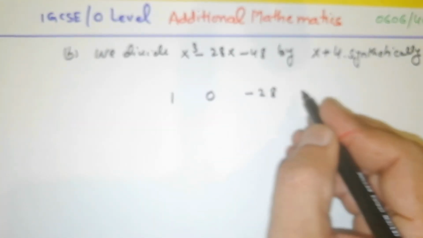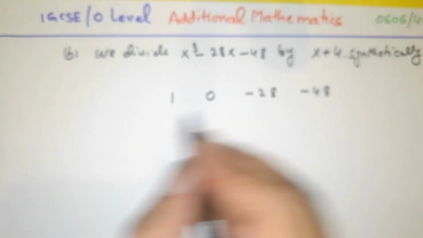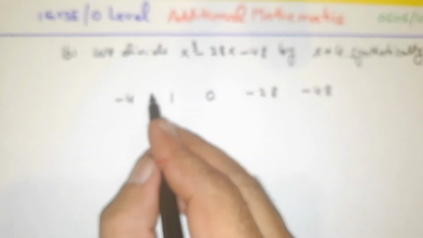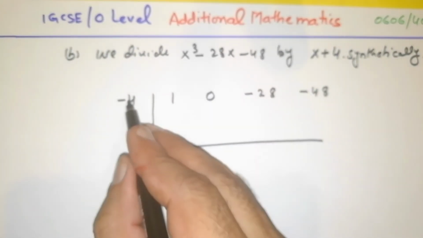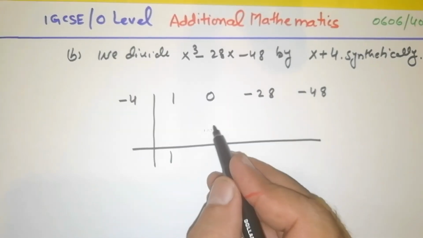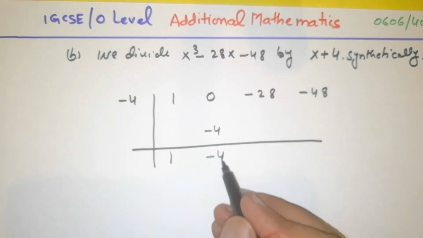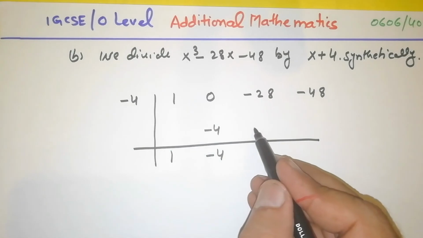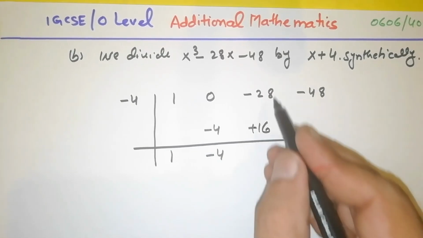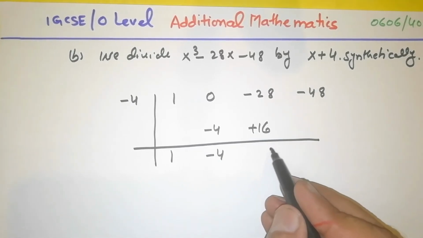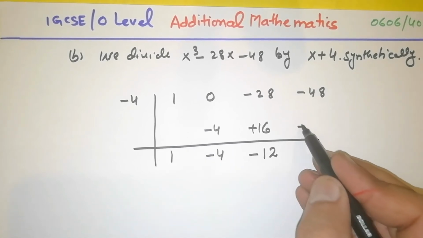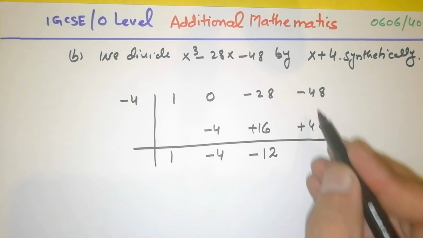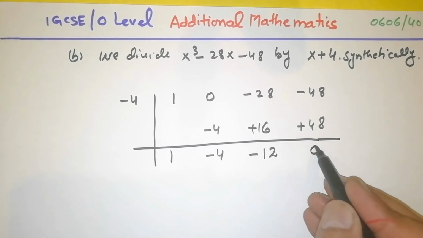Minus 28, minus 48, and from here minus 4, and you draw these 2 lines. 1 as it is, minus 4 times 1 is minus 4, we add, minus 4. Multiplication gives us plus 16, and then we add, that is minus 12, and this gives us plus 48, and by adding these 2 terms we have here 0.